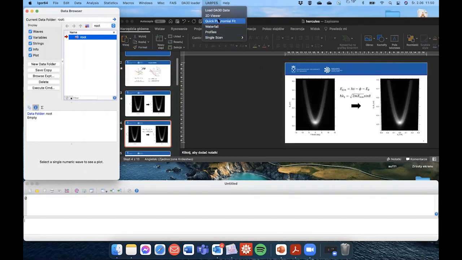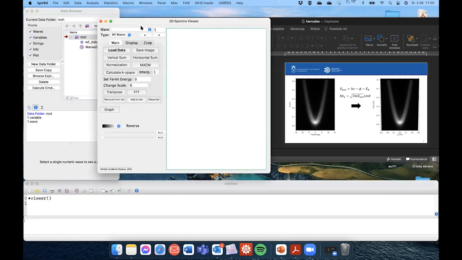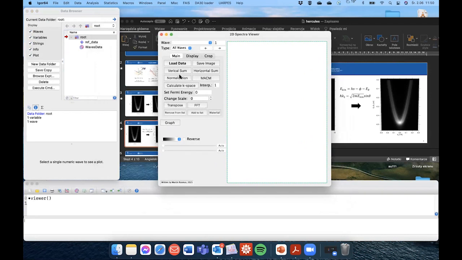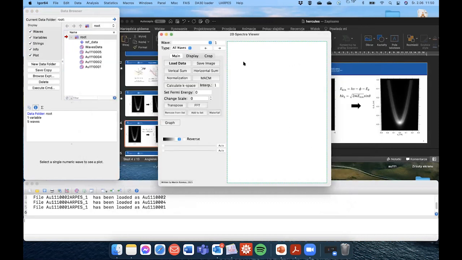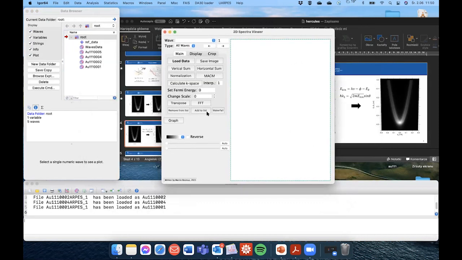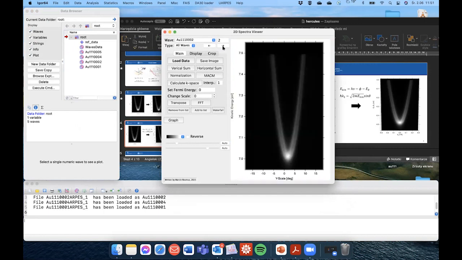So let's launch our procedures. Let's start from this T2D viewer. And let's load our experimental data. Thanks to this procedure, we can easily load the whole set of data from the whole data folder.